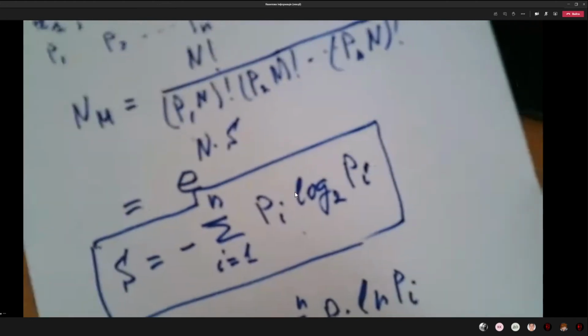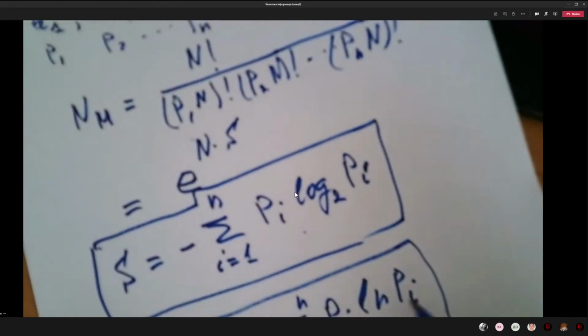So entropy in the thermodynamical case is defined in this way.